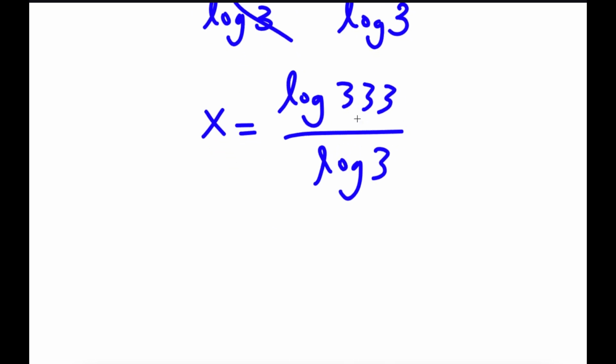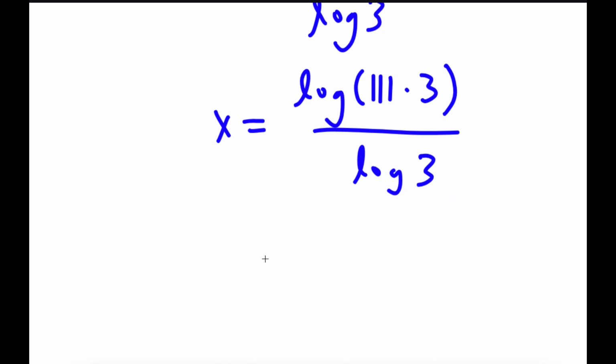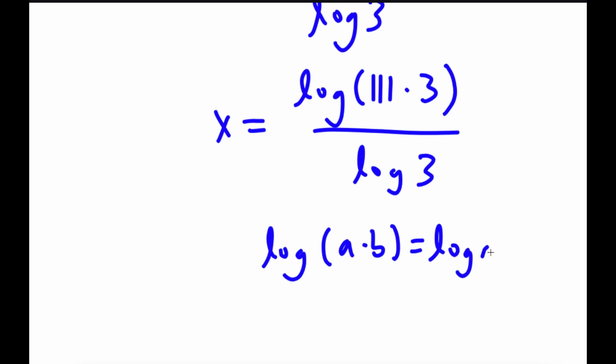And now I'm going to rewrite log 333 as log of 111 times 3, over log 3. And if I have something in the form log of a times b, this is equal to log a plus log b.